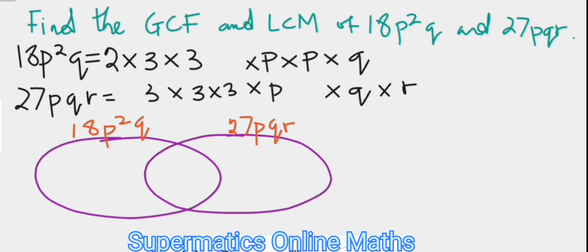What goes into the middle, the intersection of the two, should be the factors common to both expressions. Looking at that, there's a 3 and another 3 common to them, that is 3 squared. There's a p which is common, so we've got p, and there's also a q.